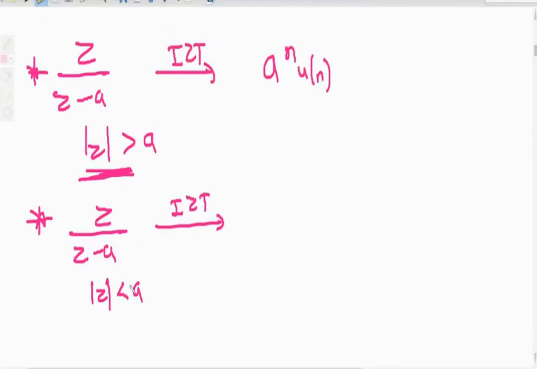Here magnitude Z is less, and less means u of minus n minus 1. So its inverse Z transform is minus a raised to n u of minus n minus 1. This is how we can find the inverse Z transform.